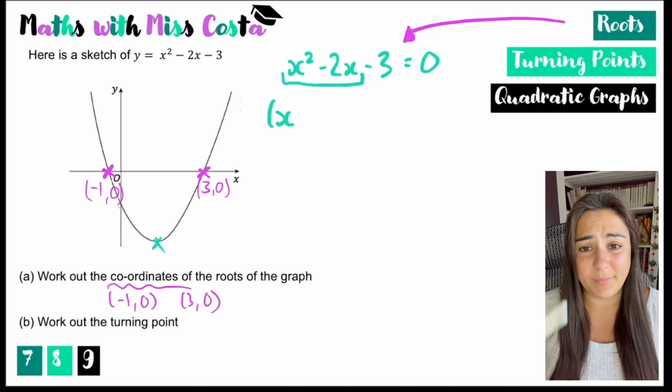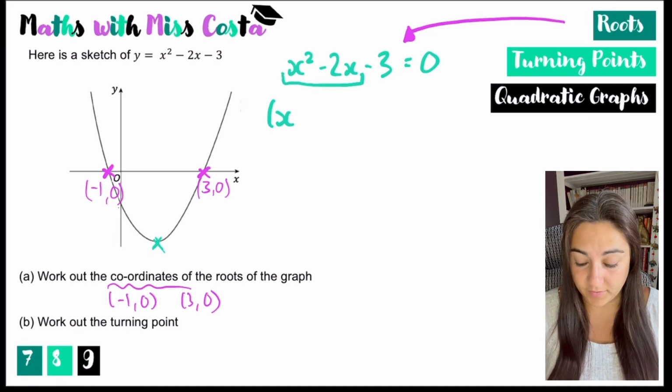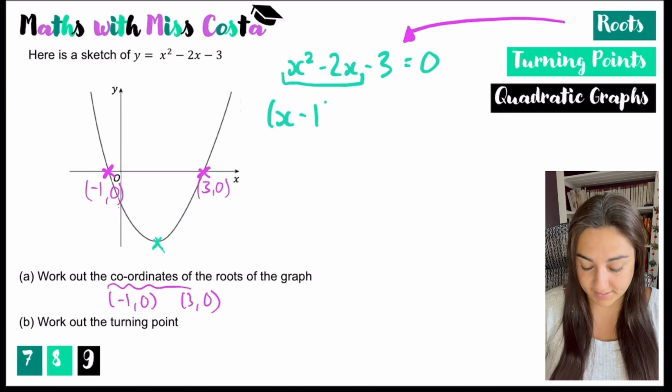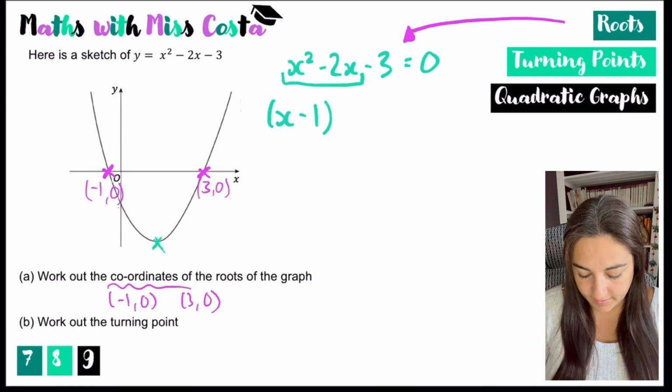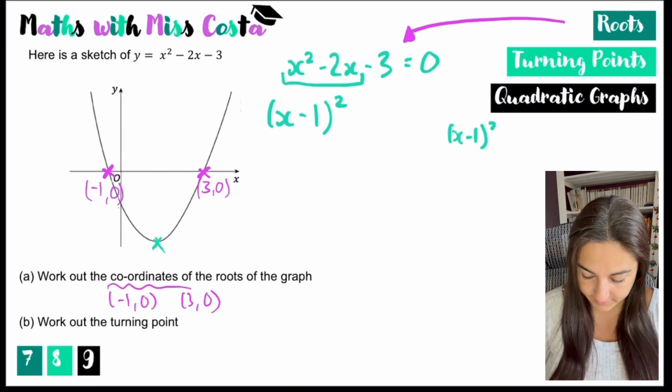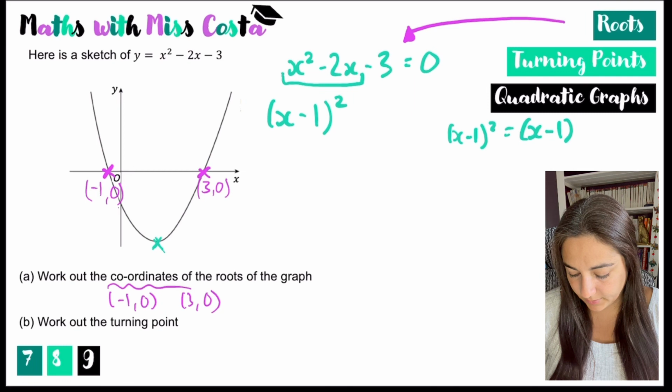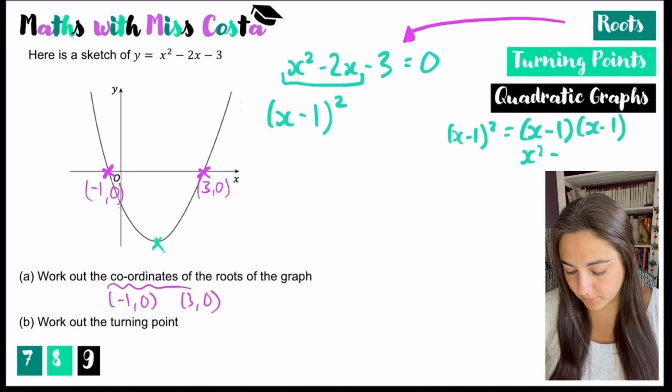There are lots of videos explaining this. If you don't know, just watch back to one of the turning point or quadratic ones. So half the coefficient of x, so that would be (x - 1) squared. Let's expand that over here. If (x - 1) squared was expanded, what would that give me? That would give me x squared take 2x plus 1.